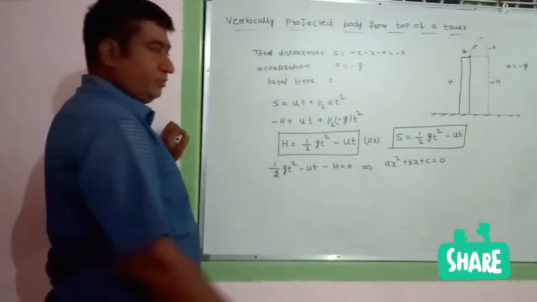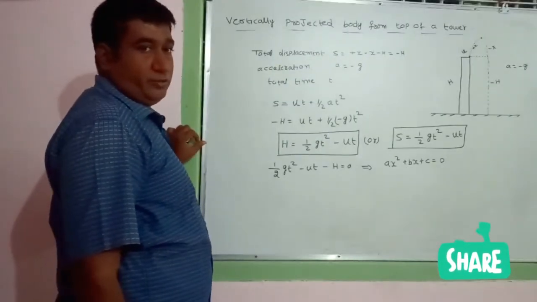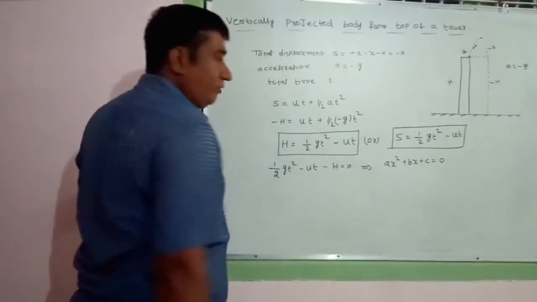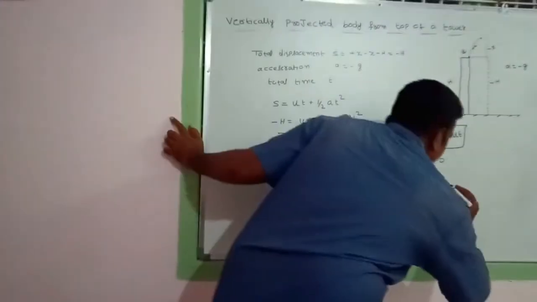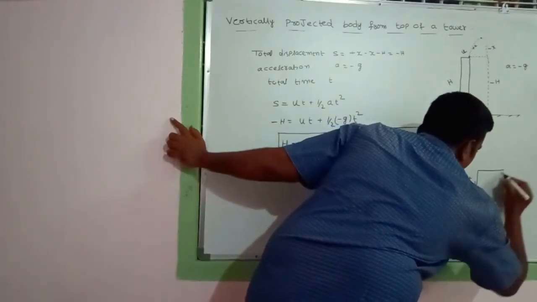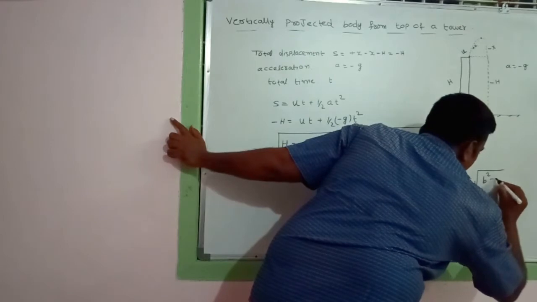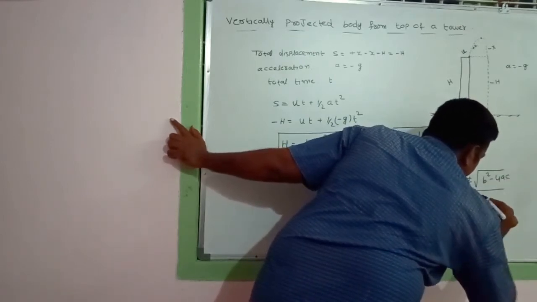This equation is nothing but a quadratic equation, for which we know the formula: x is equal to minus b plus or minus root of b square minus 4ac, by 2a.